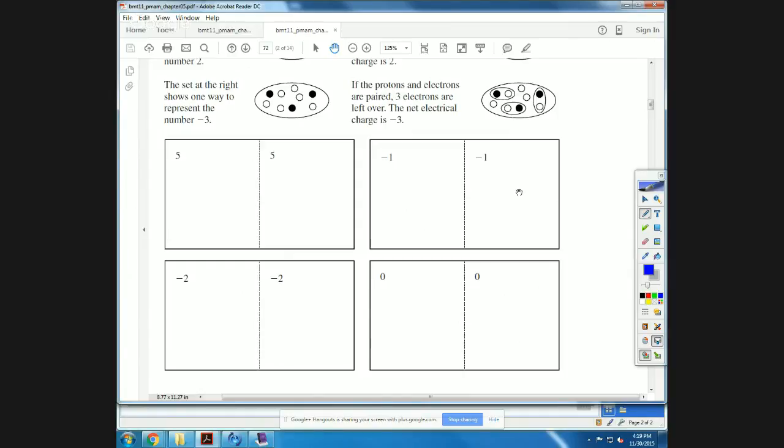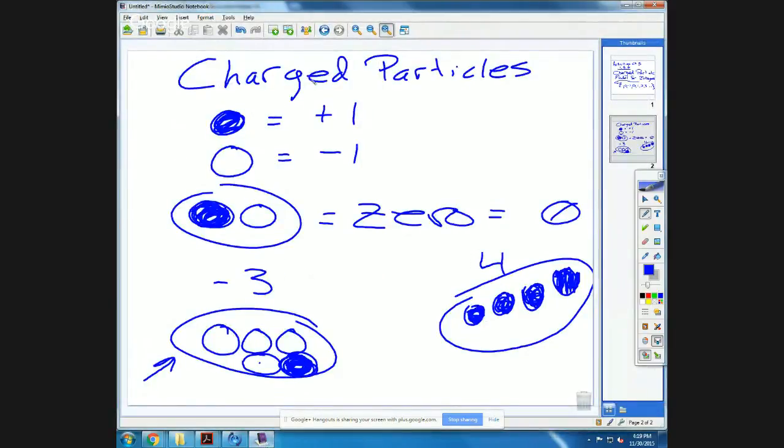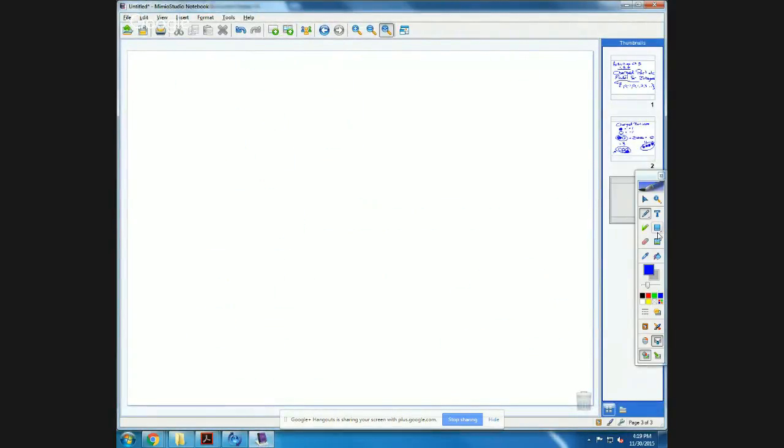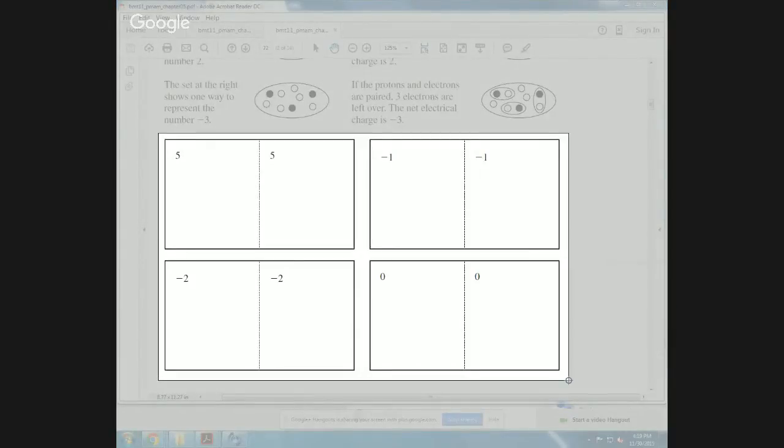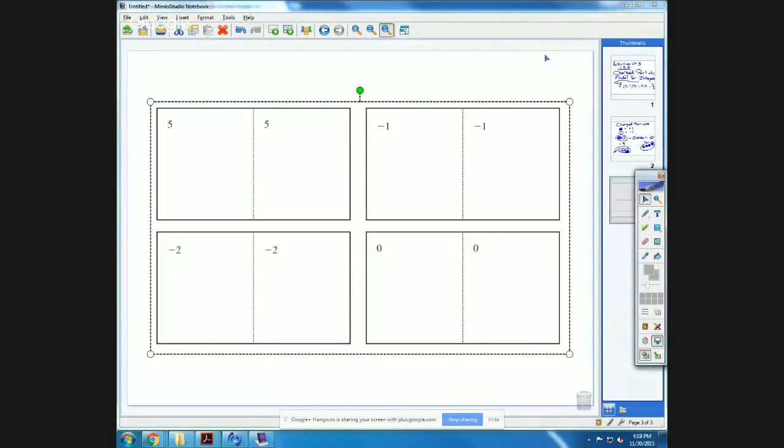Let's see, I can copy that into my clipboard. Let's see, pen. I wonder.